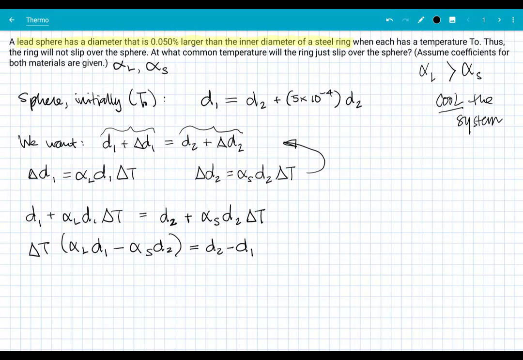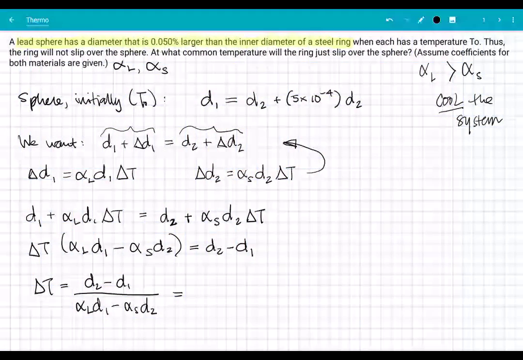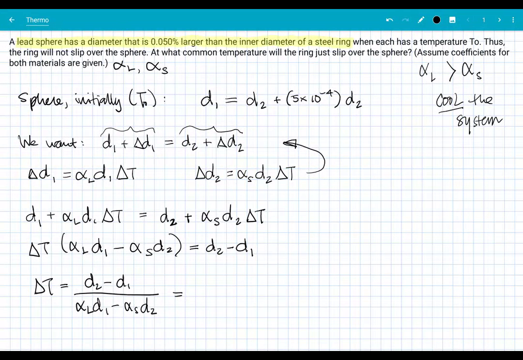Okay, and then we can solve for delta T symbolically: ring minus sphere all over this denominator here. And then you can sub in values that are given in the problem. If you look at the written solutions, all the numerical values are subbed in. And what you end up getting for delta T is negative 29.4.